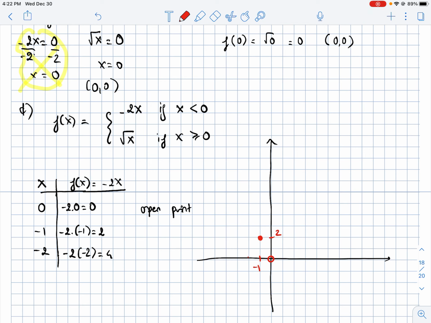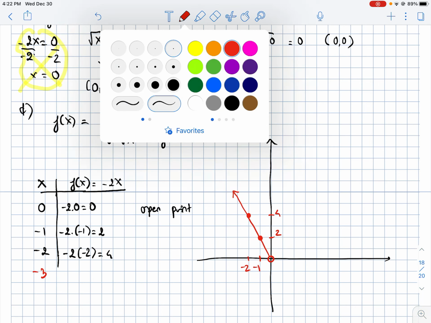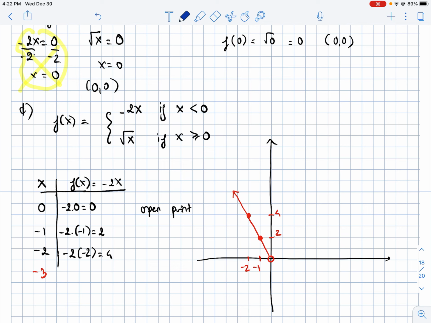Then (-1, 2), (-2, 4), and then we connect those points. We continue to extend on the left side because we can make more, like negative 3, negative 4, negative 5. So we're done with the first piece.